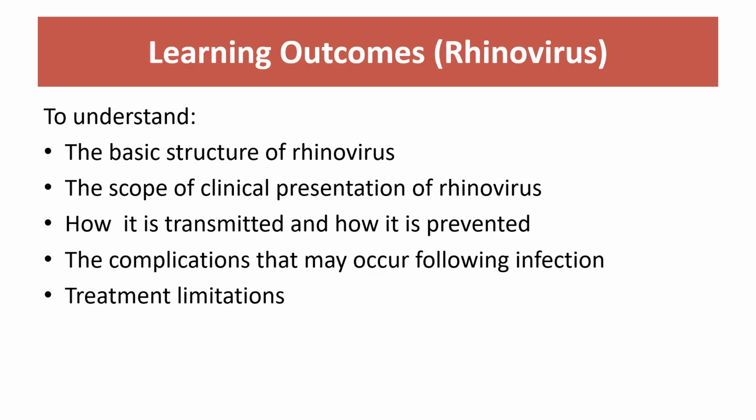In some settings, such as young infants and children, infection can be complicated by secondary infections such as otitis media or pneumonia and can cause asthma exacerbations. No specific treatment is available.